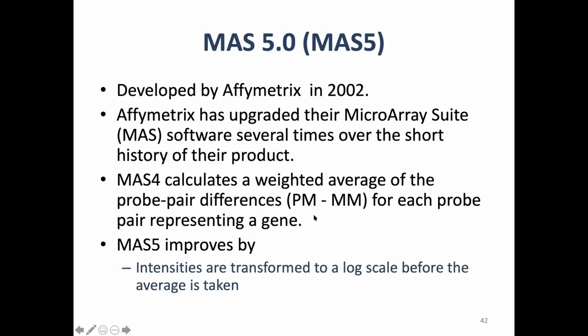It detects the PM intensities, this background noise, and then it takes the weighted average. And the improvement of the higher version, MAS5 over MAS4, is that it did the log scale transformation before taking the average.